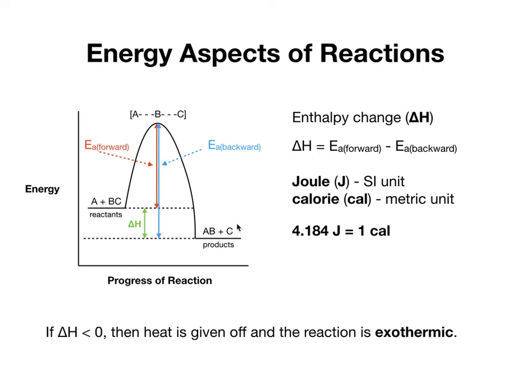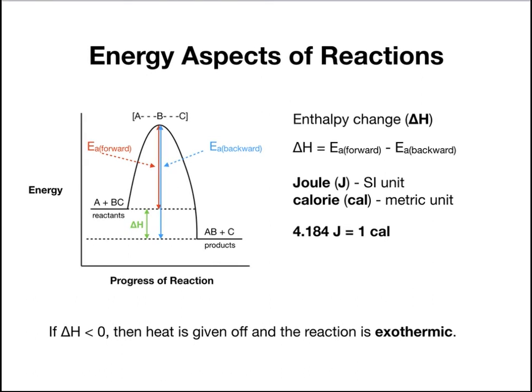Okay, now, if you have a negative value for delta H, if the delta H is less than 0, then heat is given off and the reaction is exothermic. We would have a negative value for delta H in this circumstance.